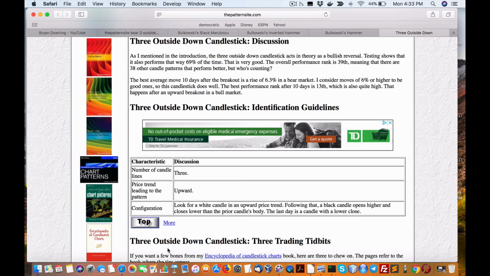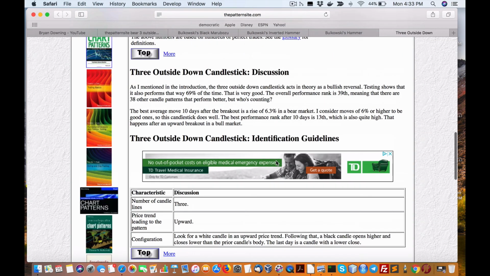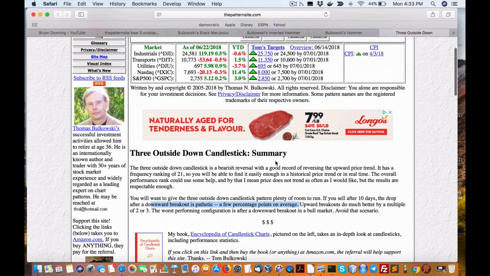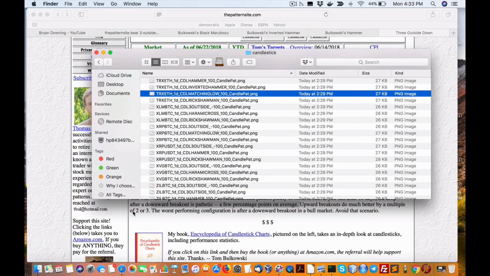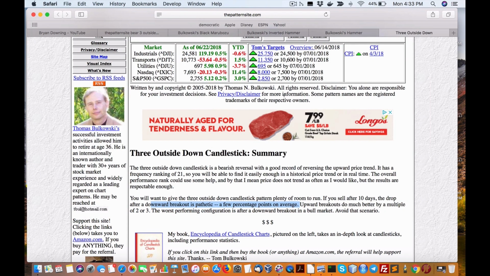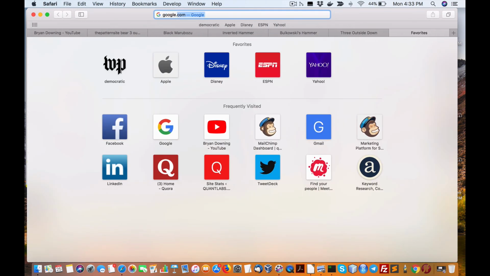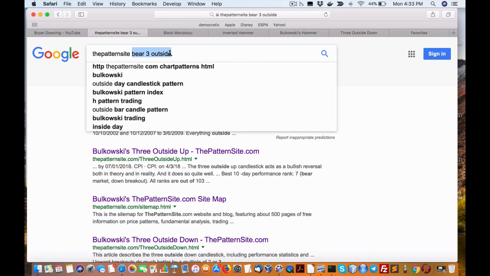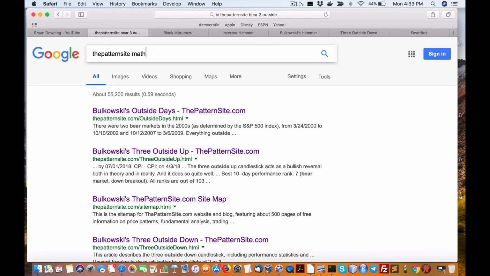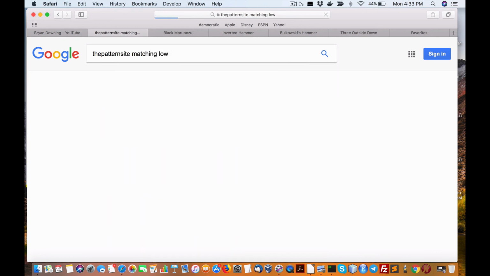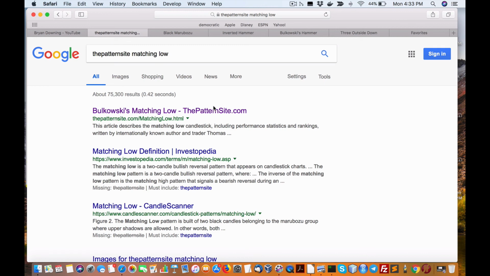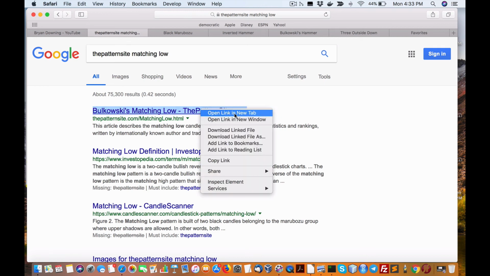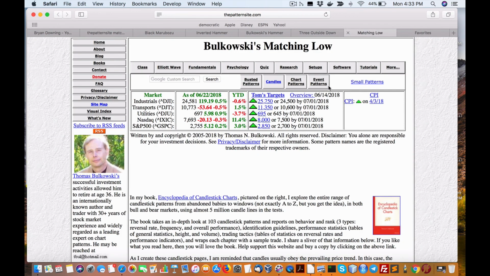So that's 3. Outside, no. Matching low. Yeah, I think we didn't like this one. Matching low. Matching low.